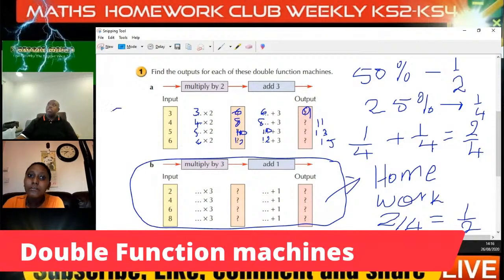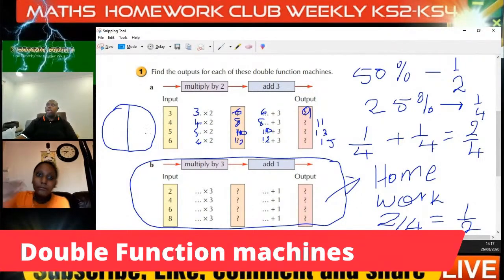Okay? And you learn this through the diagram. So if I got a diagram like this, split it into two, each of these represent what? A half, yes? If I then split the half into two, what does that represent?